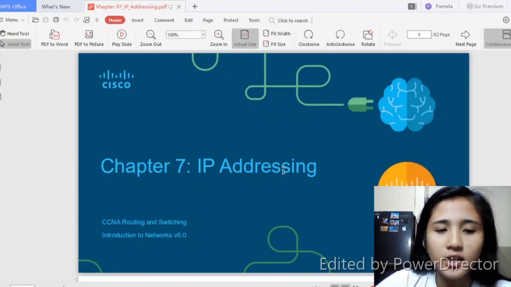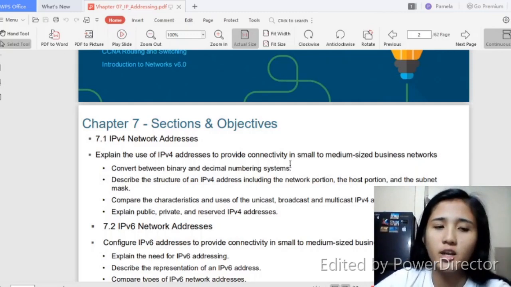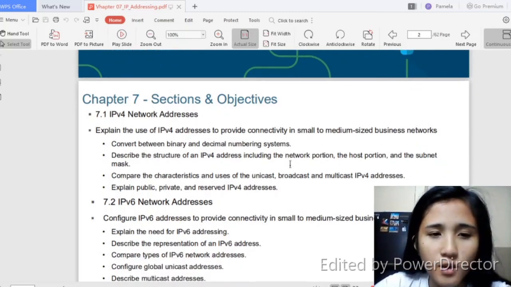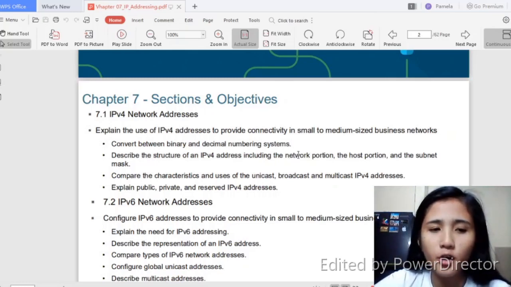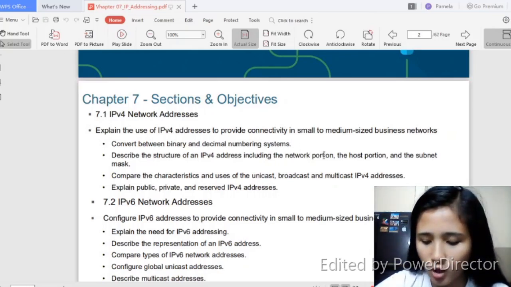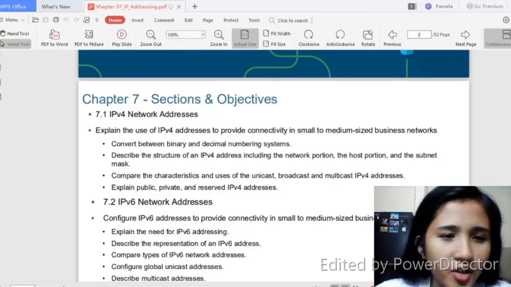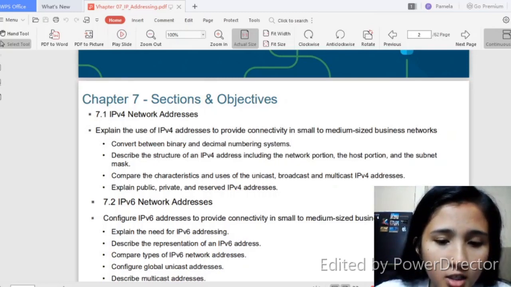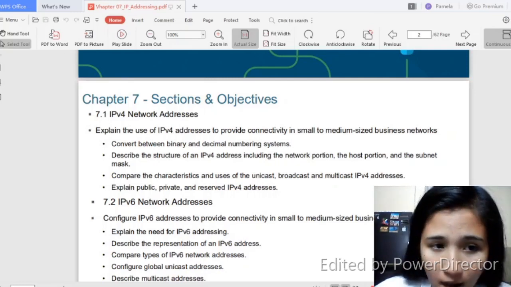IP addressing. The objectives and sections of this chapter are to explain the use of IPv4 addresses to provide connectivity in small to medium-sized business networks, convert between binary and decimal numbering systems, and describe the structure of an IPv4 address, including the network portion, the host portion, and the subnet mask.